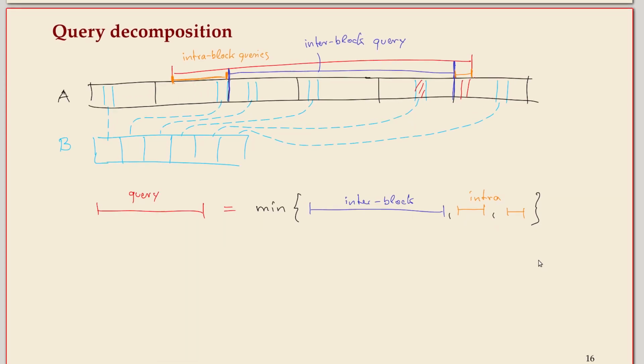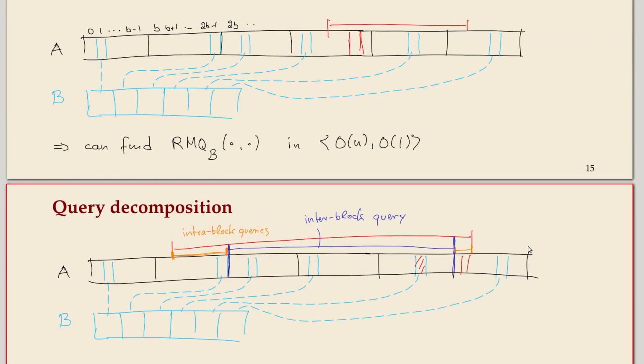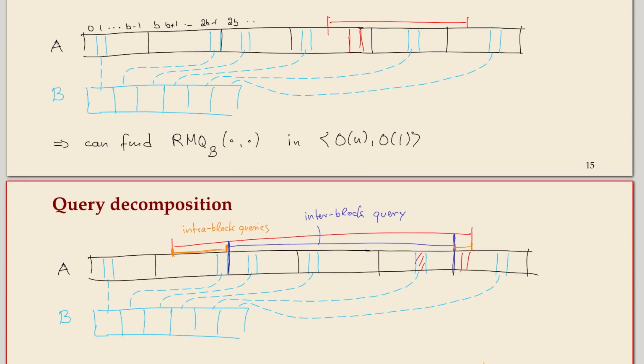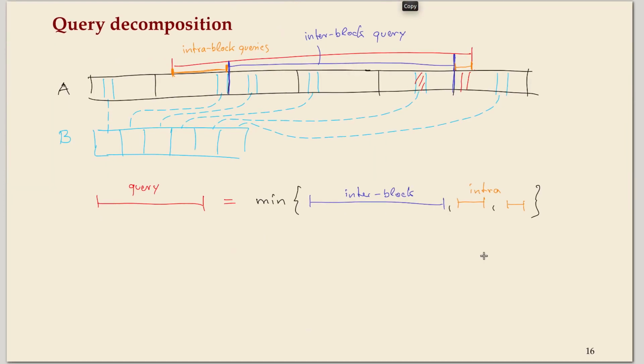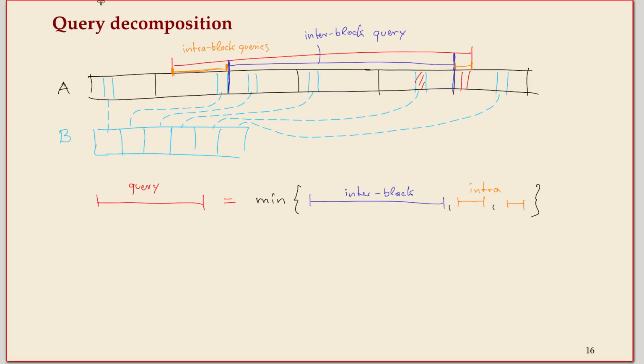That's really all that I want to say about the query decomposition. And now you know that we can use this time for the blue part. That's what we already know. That was the easy part where we could just use bootstrapping. So what remains to do is the intra-block part. And for that, we need a smart idea. And we will use the fact that they lie inside this very, very small block.